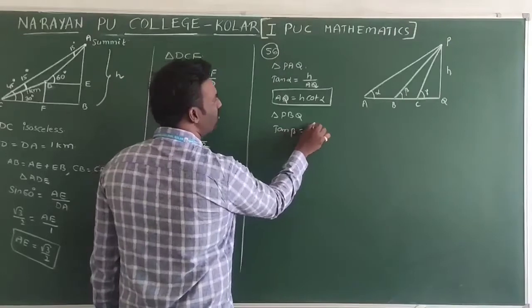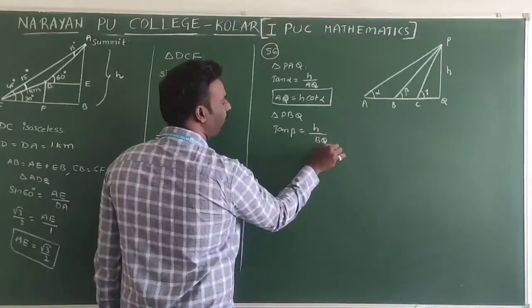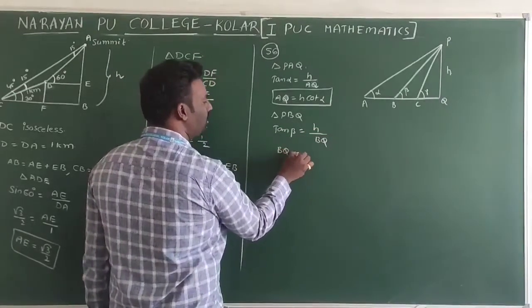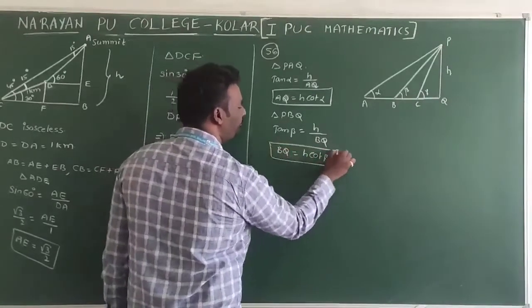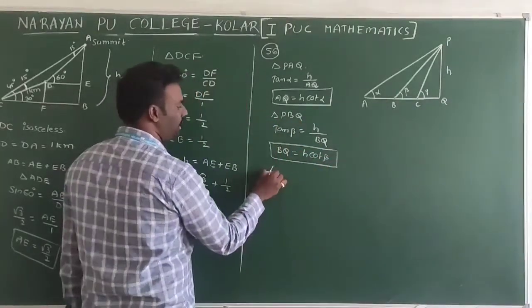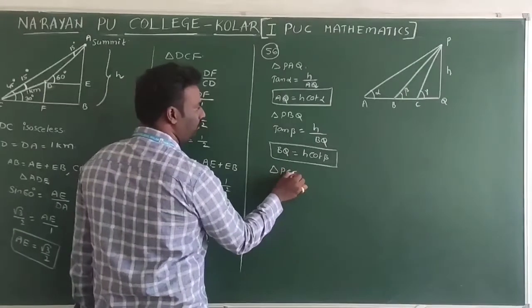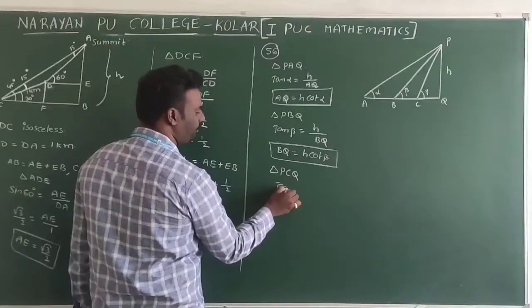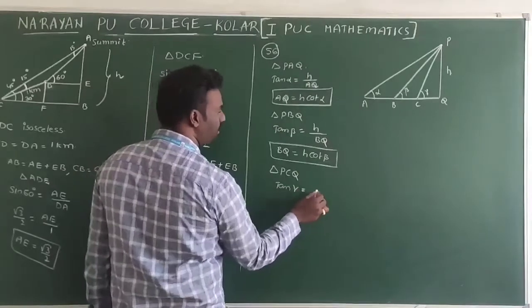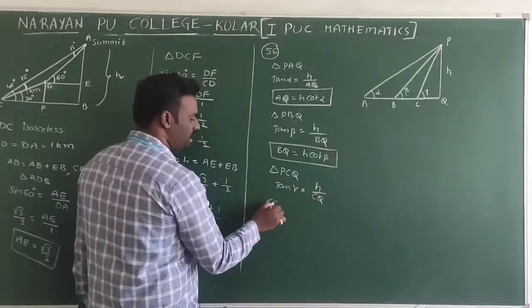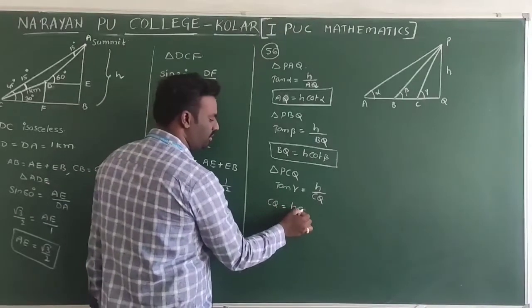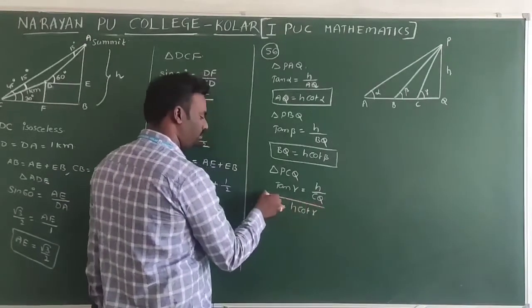Tan beta equals H by BQ. Then BQ is equal to H into cot beta. Next you take the triangle PCQ. Tan gamma equals H by CQ. Then CQ equals H into cot gamma.